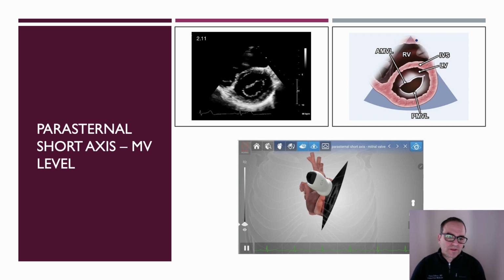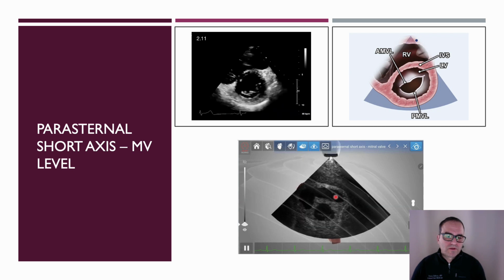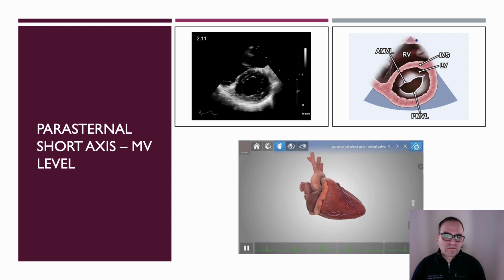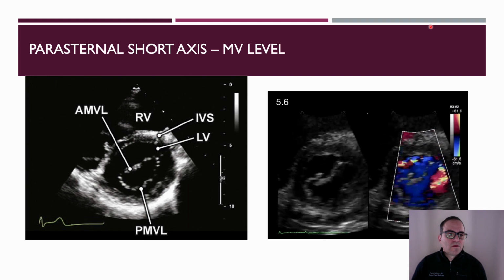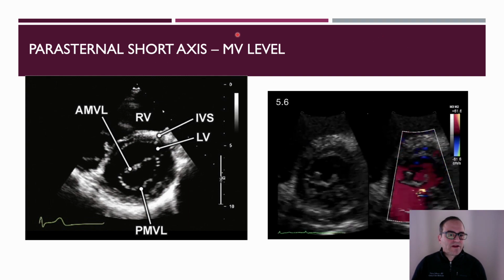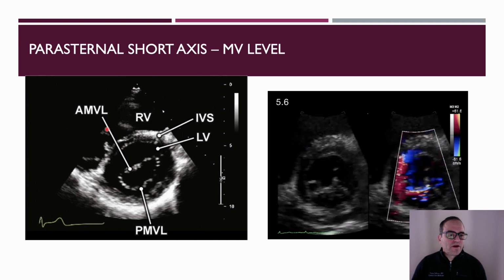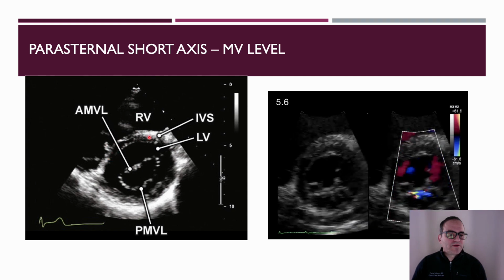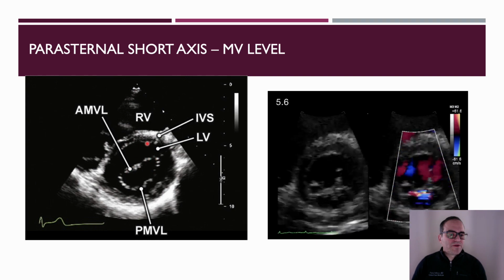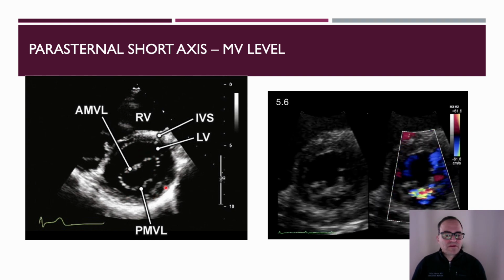You can see depicted here your sound beam cutting through the heart structures in short axis. We're seeing here your parasternal short axis at the mitral valve level. You have the RV, you have the interventricular septum, your mitral valve with anterior and posterior leaflets.